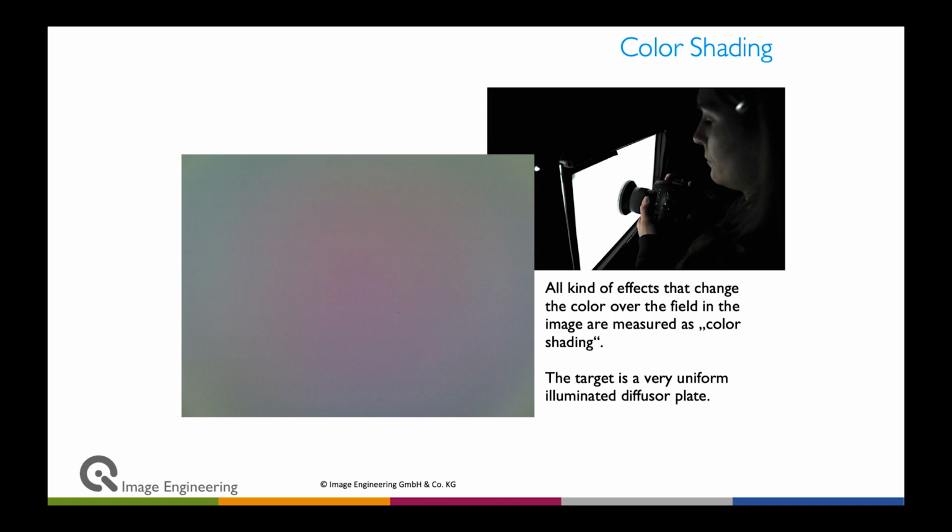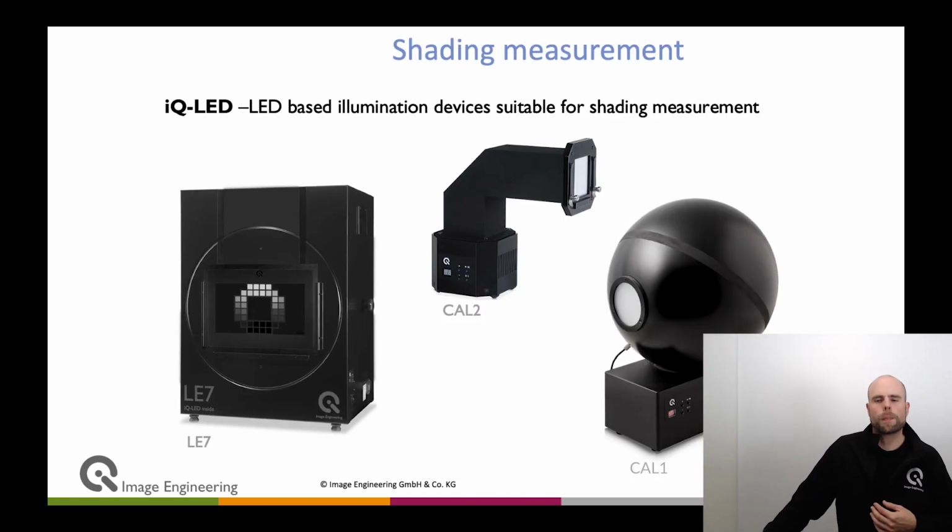The device under test captures a uniform area, and from that you can perform your measurements. In this example you see a lab technician placing a camera in front of a diffuser. Of course, in production line a machine would do that, and the diffuser doesn't have to be as large as it's shown here.